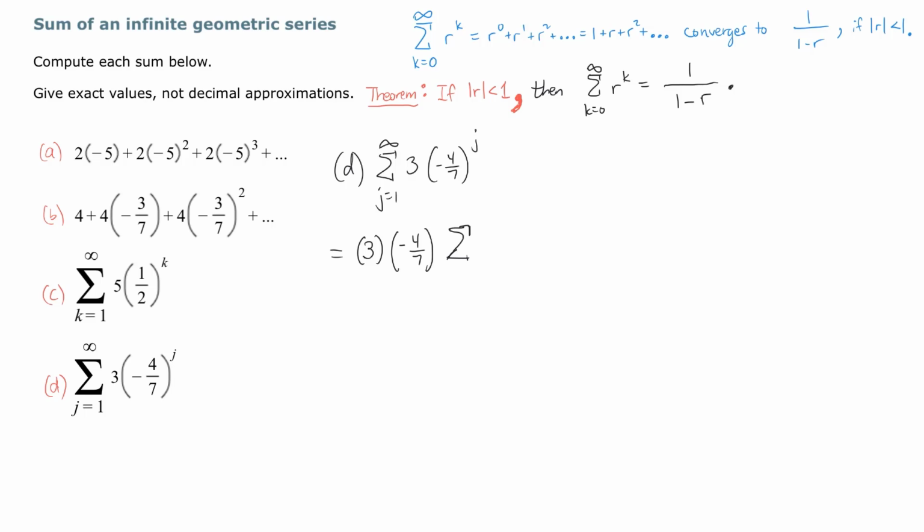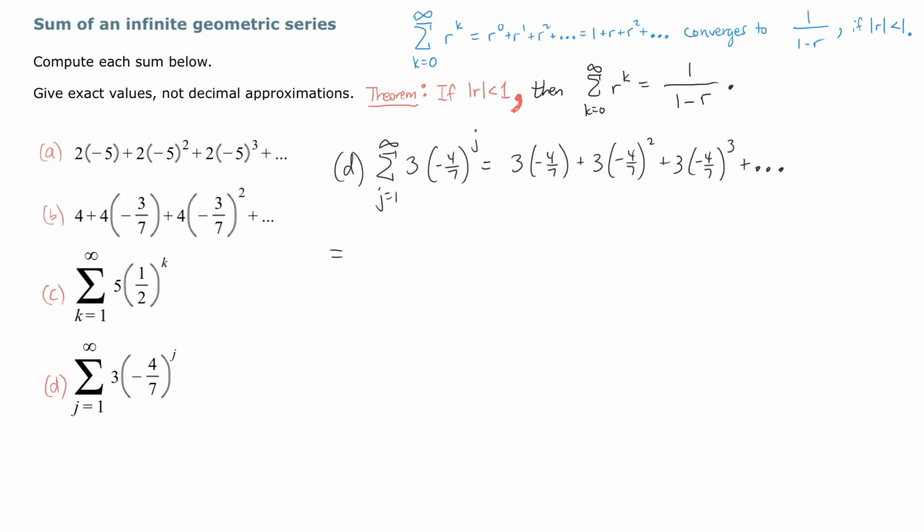And what's the first term now? I might be going too fast, so why don't I show you what I'm doing here? Let's write out the first few terms. This is 3 times negative 4/7 plus 3 times negative 4/7 squared plus 3 times negative 4/7 to the third power, and this never stops.